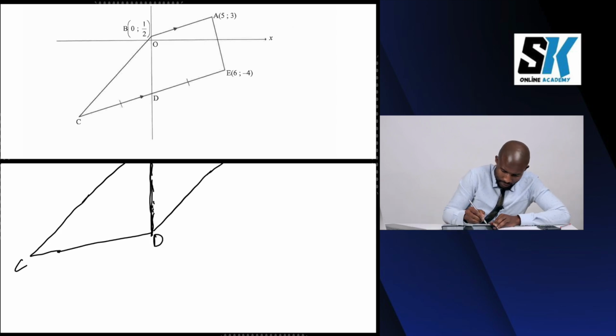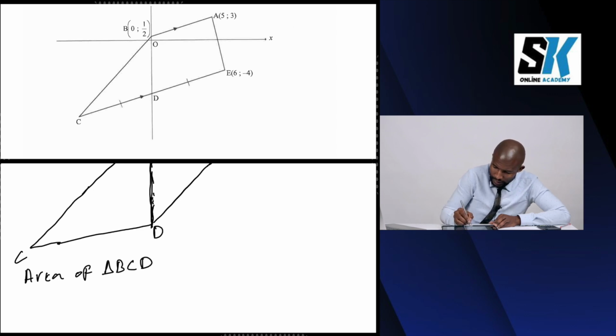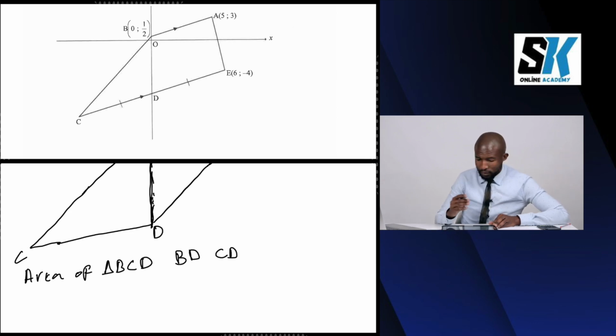So to get the area, we need to find the area first of triangle BCD. To get the area of triangle BCD, we need the length of BD, and also we need the length of CD, so that we can get the accurate values.